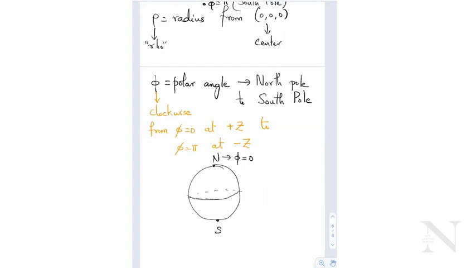And all of you know that equator is just an imaginary thing that goes around the center of the Earth. There is no such real thing called the equator. Now, phi is measured in this direction there, equal to 0, and it ends here.